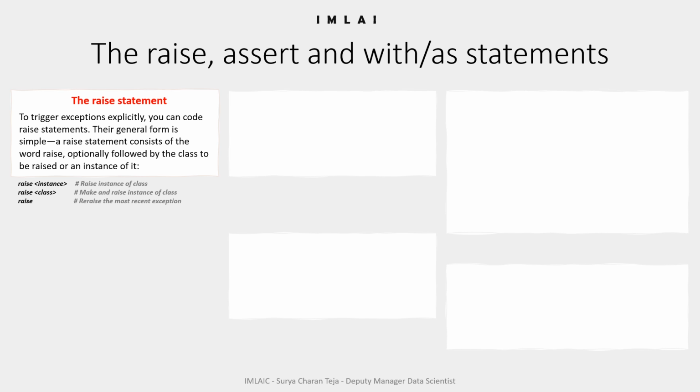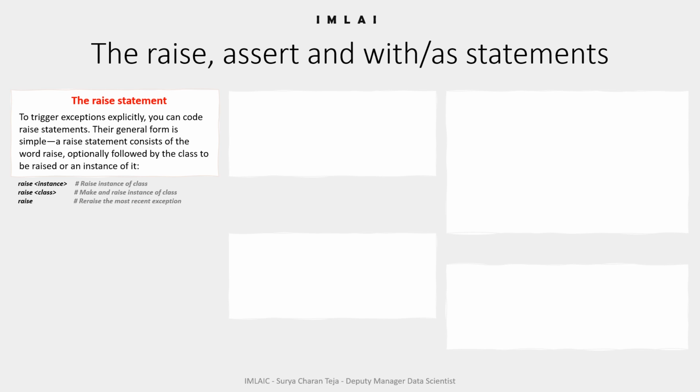As mentioned earlier, exceptions are always instances of classes. Hence, the first raise form here is the most common. We provide an instance directly, either created before the raise or within the raise statement itself. If we pass a class instead, Python calls the class with no constructor arguments to create an instance to be raised.